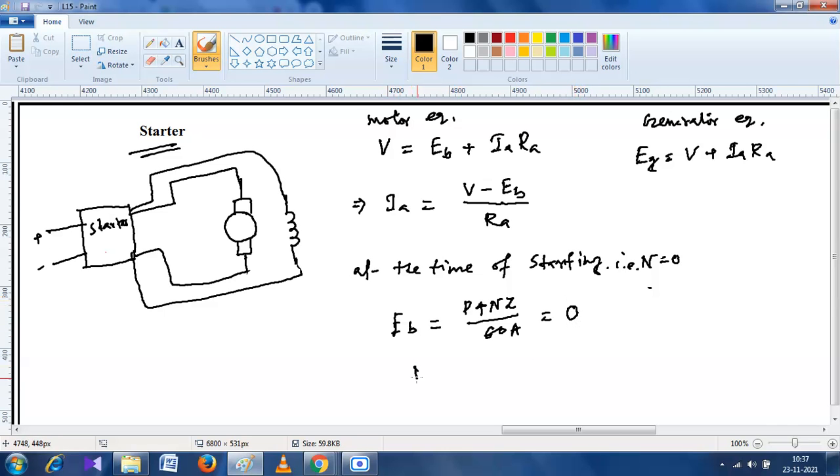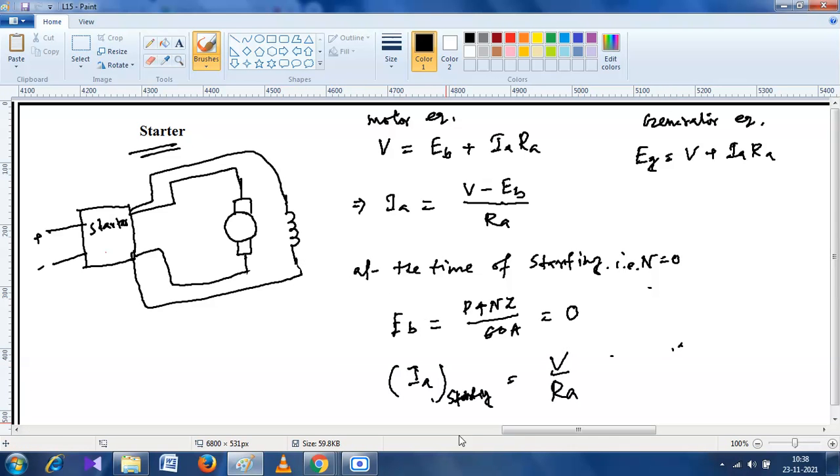So what is the equation of armature current at the time of starting? V by Ra. Good.